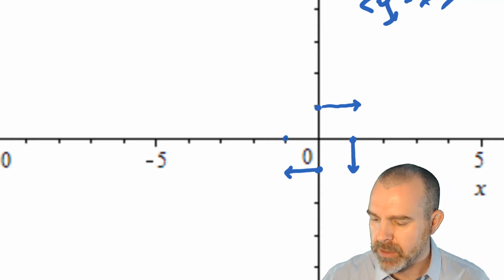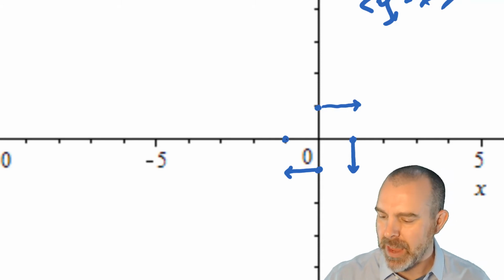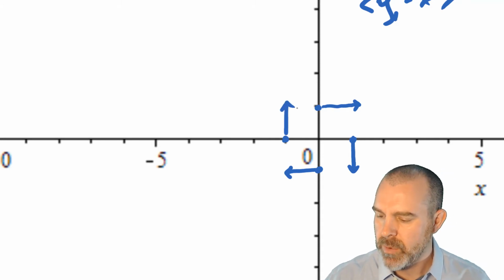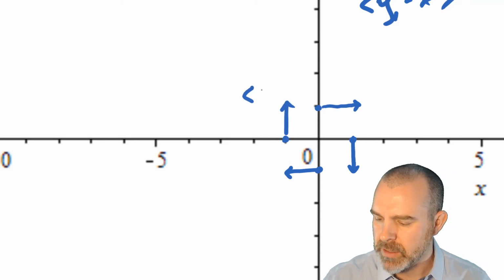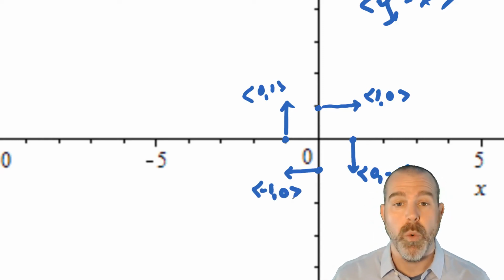So here we have negative 1, 0. The x component is the y coordinate, that's 0. The y component is the opposite of the x, that's positive 1. So here we have 0, 1, this is 1, 0, this is 0, negative 1, this is negative 1, 0. Those all have a length of 1.